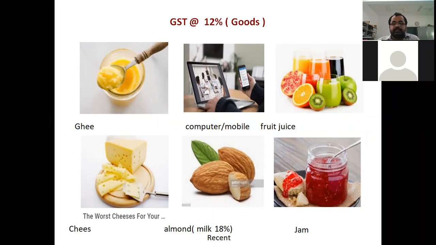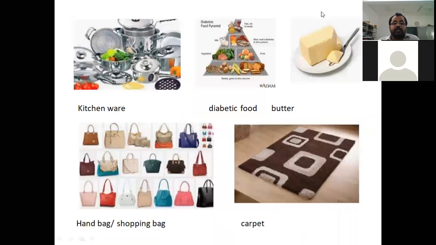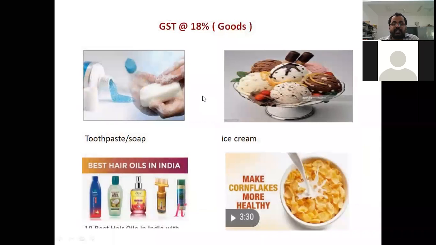These are some examples that come under the 12% GST rate. Then at the rate of 12%, you can also see kitchenware, diabetic foods, butter, handbags, or we can call it shopping bags, and carpets. These are some examples which come under a 12% GST rate.